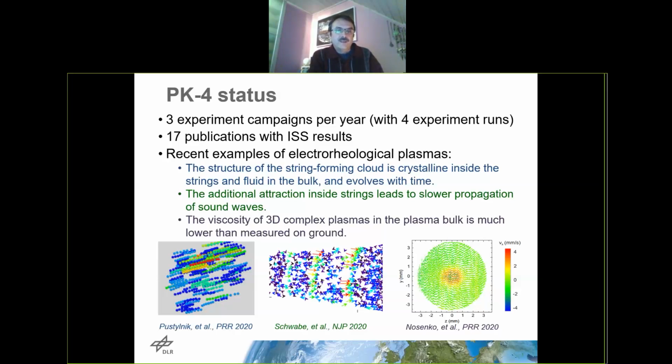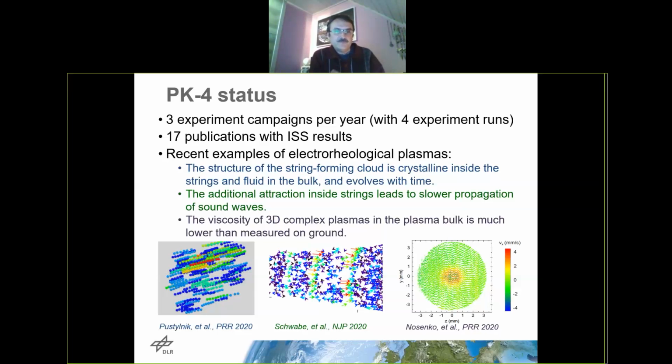If you look for waves in electrorheological plasma, so in plasmas having these string fluids, then the waves are altered. We see attraction inside the strings. They lead to slower propagation of sound waves compared to what John was showing before. This is a new effect along the electric field lines.